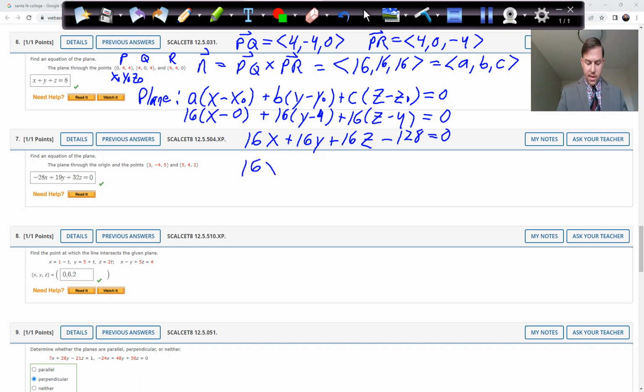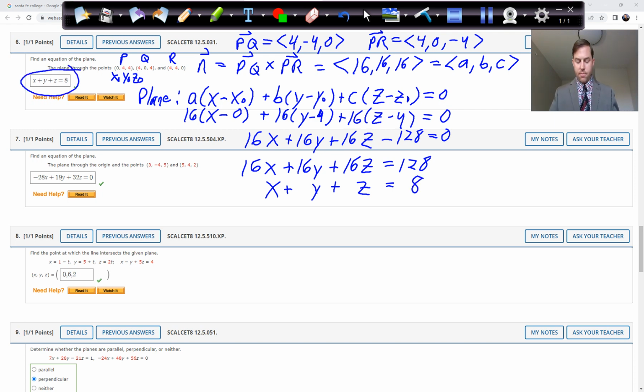Then you write that by adding the 128 to the right hand side. And then it turns out you can divide everything by 16 and you get x plus y plus z equals 8, since 128 divided by 16 is 8. And that's the equation of the plane.